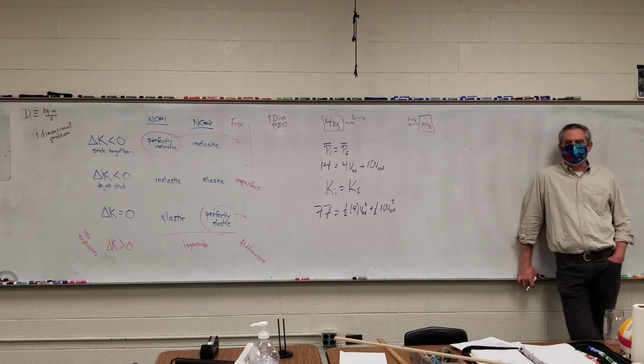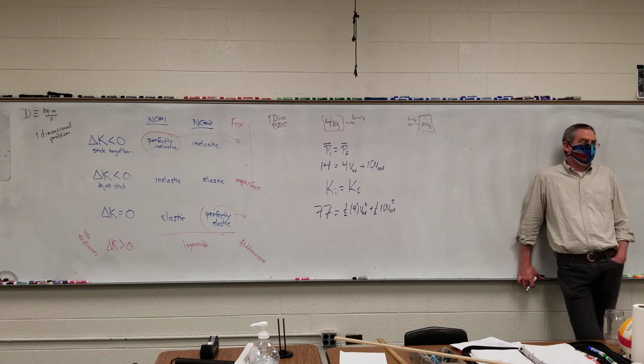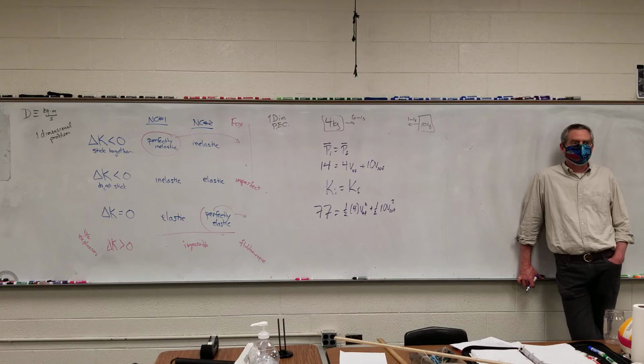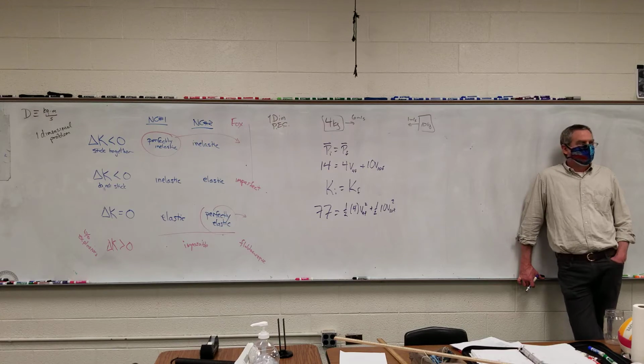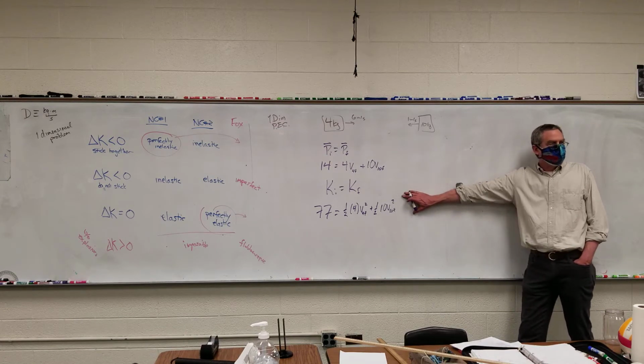And this is where it's convenient that if V4F or V10F happen to be negative, when I square it, that's going to go away, so we're not going to run into an issue there. Questions about where my kinetic energy conservation equation comes from?